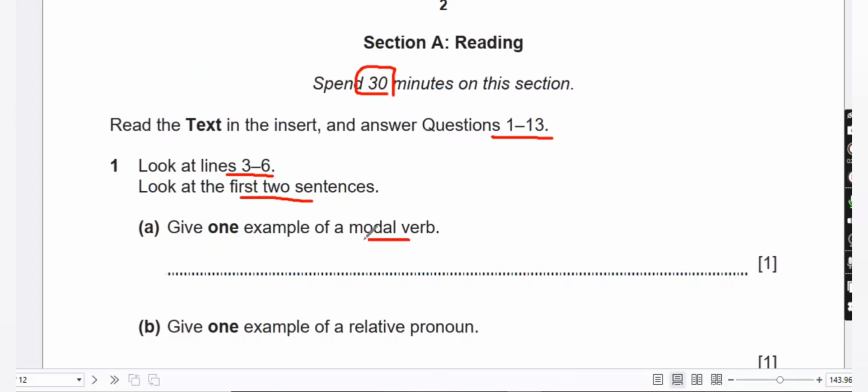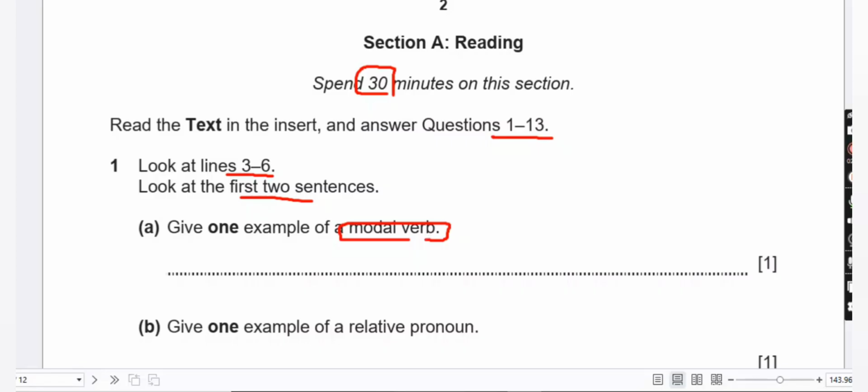What I'm after, I need a modal verb. You know what I mean by modal verb? Like can, could, shall, should, may, might, must, ought to. And all of them followed by infinitive. So you must be familiar with the name itself.